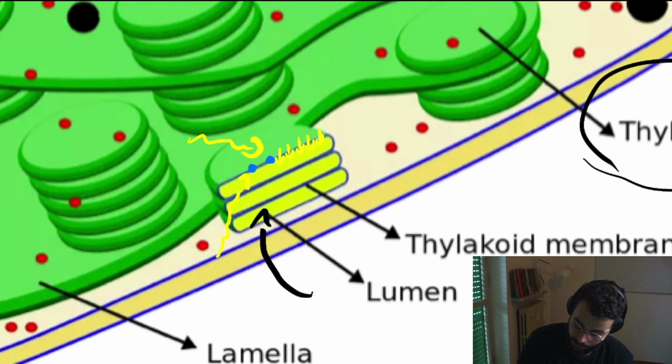against the concentration gradient. So we harness sunlight and we are going to have ATP synthase, very similar to the mitochondria, which is this time going to pump protons to the inside of the thylakoid.